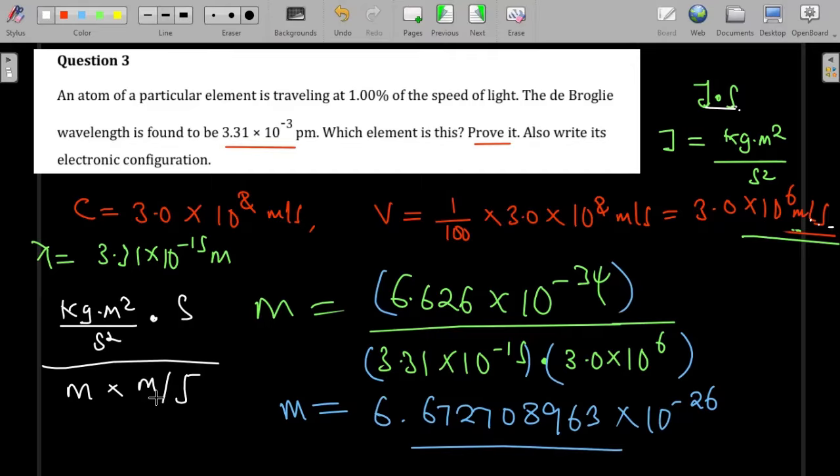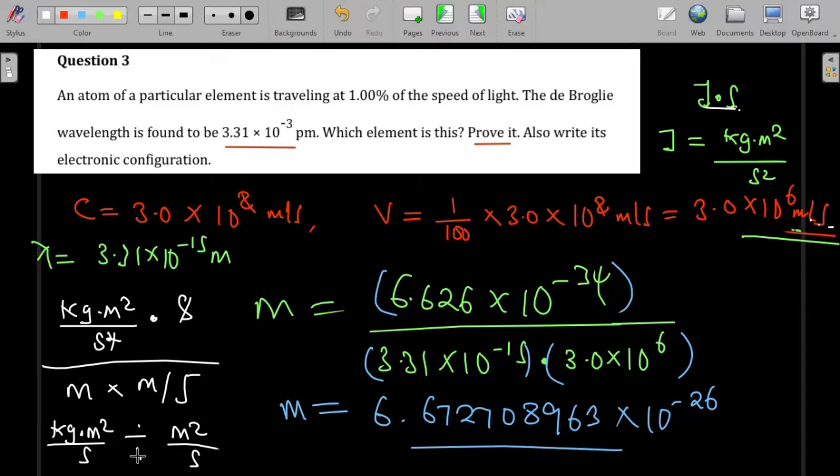From here, what do we see? On top, this s cancels with one of these, so I just remain with kg m squared over s, divided by m squared over s.